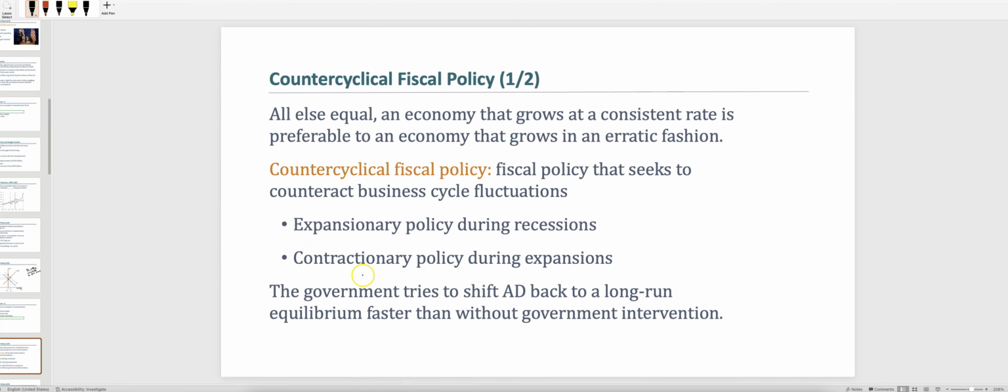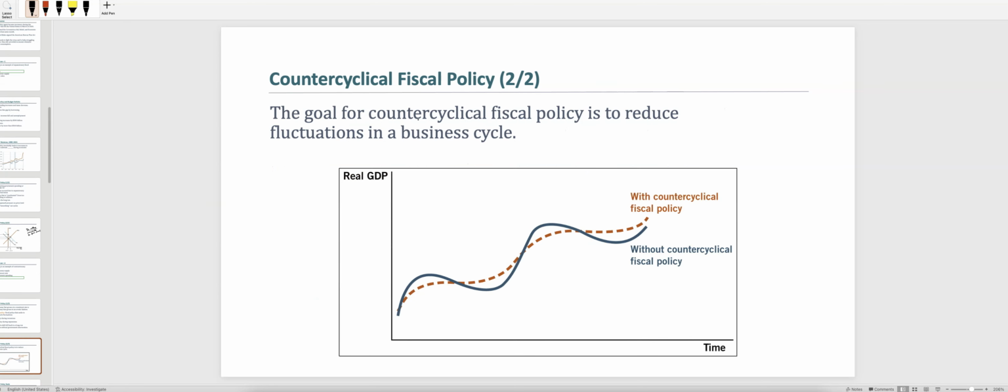Well, the answer is that with Keynesian theory, we've been better at using this counter-cyclical fiscal policy, where we do an expansionary policy during a recession to get us out of that recessionary gap, and we use a contractionary policy during an expansion to cool the economy down, so that we can grow in a more consistent fashion for a longer period rather than growing more erratically.